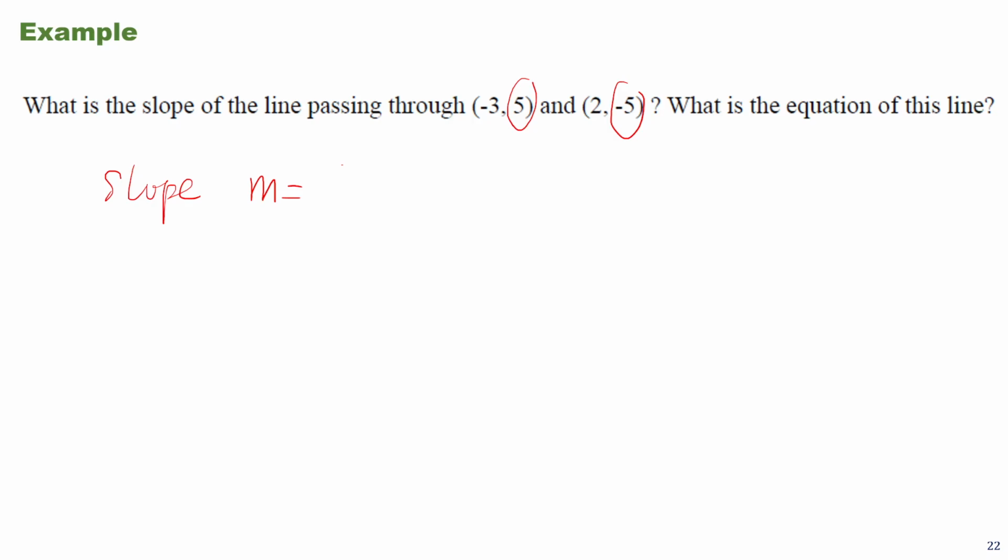So if you use 5 minus -5, you should also use -3 minus 2, right? You should follow the same order for both x and y. So for example, you use 5 minus -5, and then you must use -3 minus 2 correspondingly. This gives us 10 here and -5 here. Then we know the slope of this line is -1/2, right?